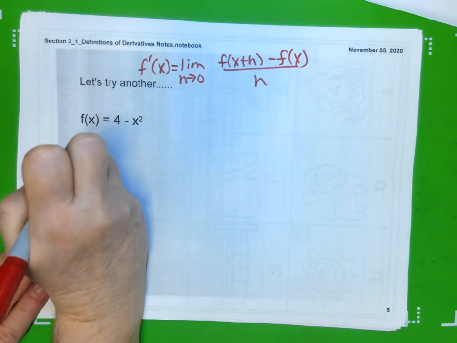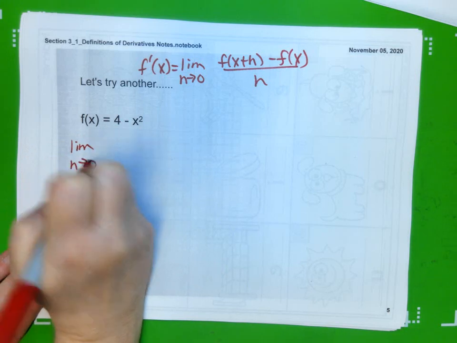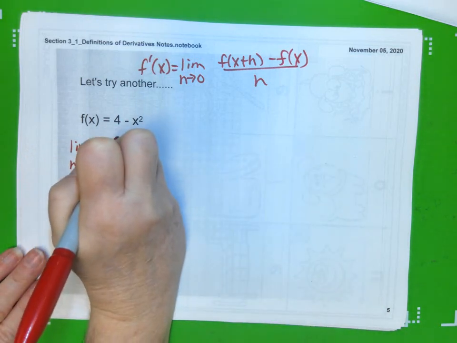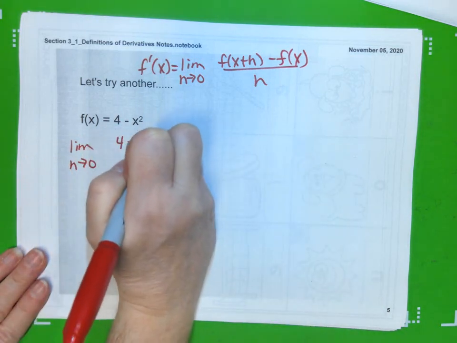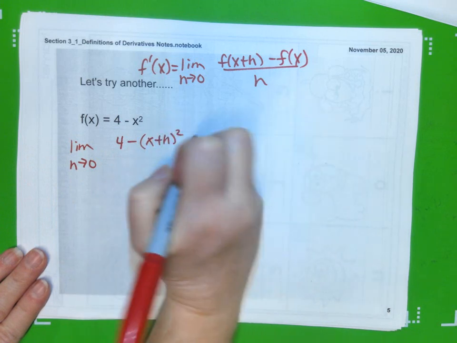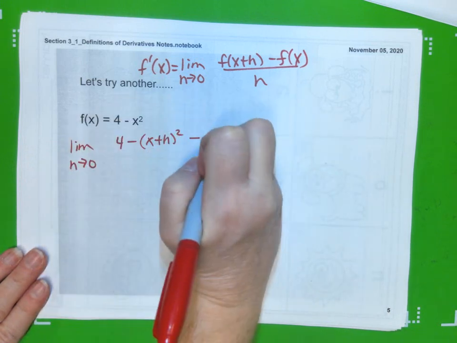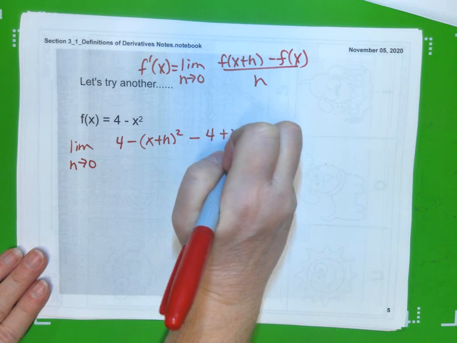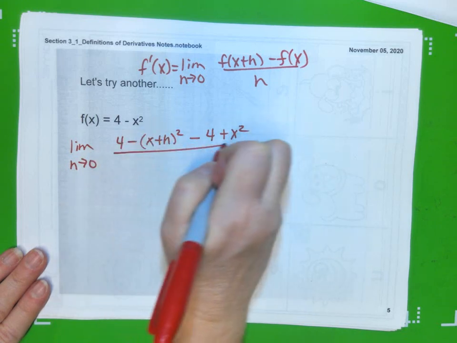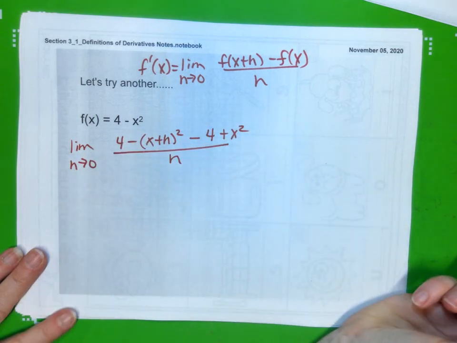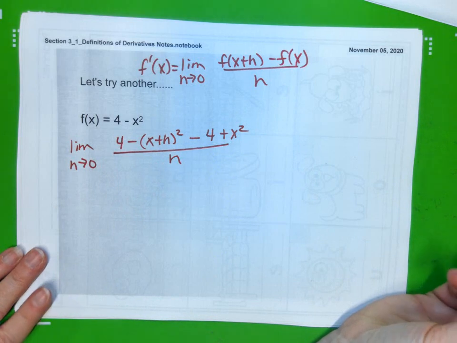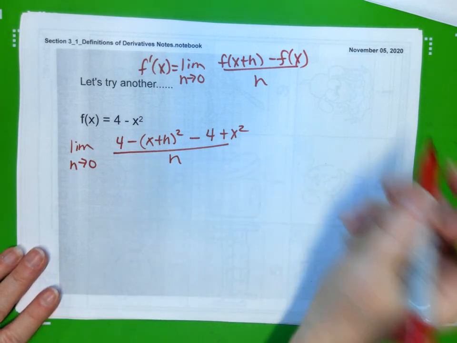So the limit as h approaches 0 of 4 minus (x plus h) squared, minus the whole thing, so that would be 4 plus x squared, all over h. Minus a minus, so we should be good.